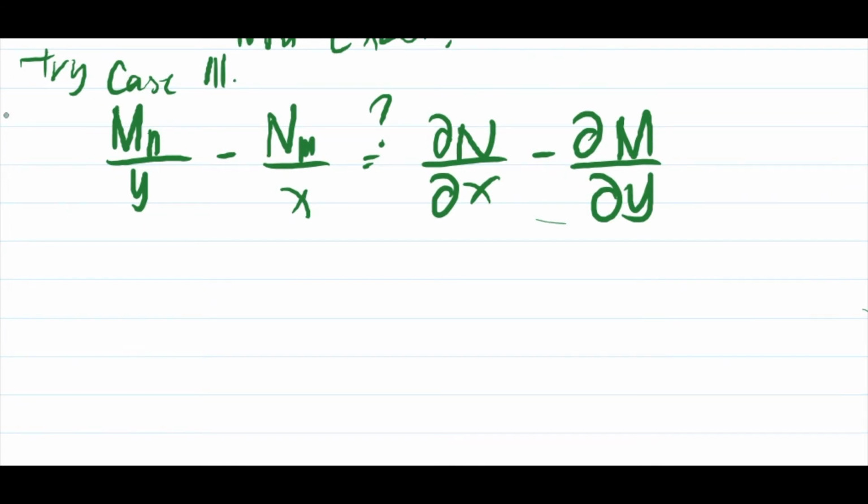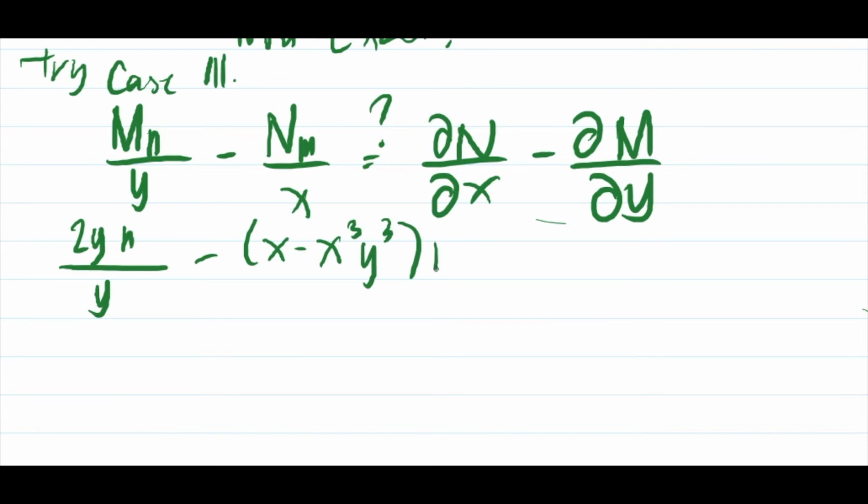So M is 2y, divided by y, minus N, which is x minus x cubed y cubed, divided by x, equal to 1 minus 3x squared y cubed minus 2.